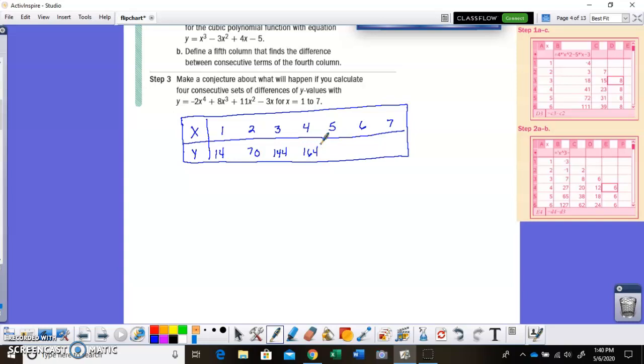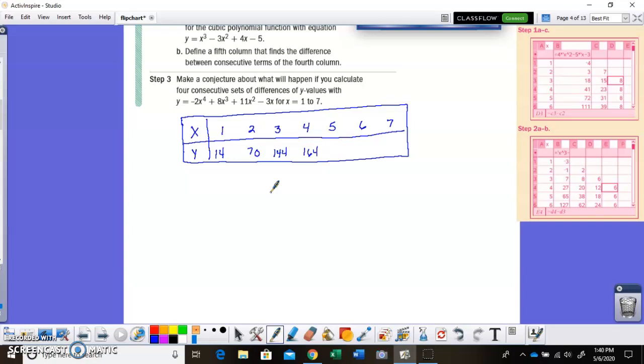Now I'm going to substitute 5 into my function, and I'm getting... hold on, let me do that one again.